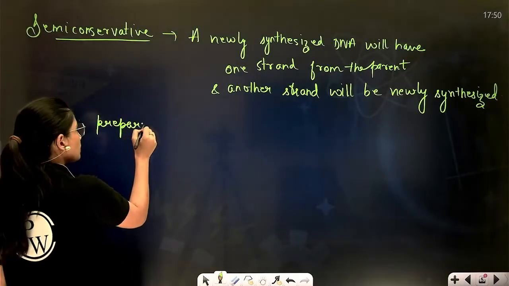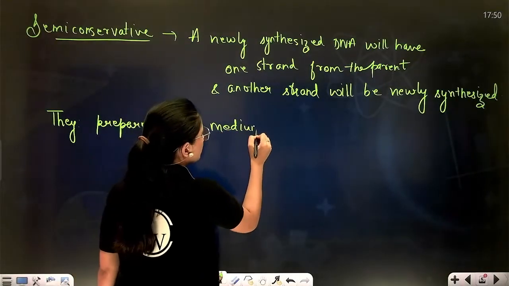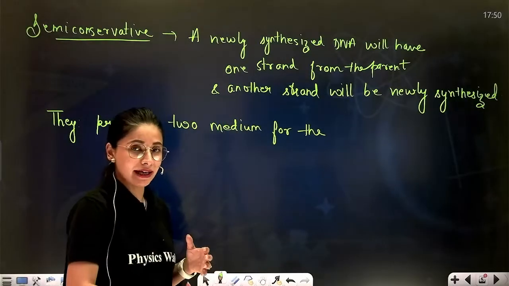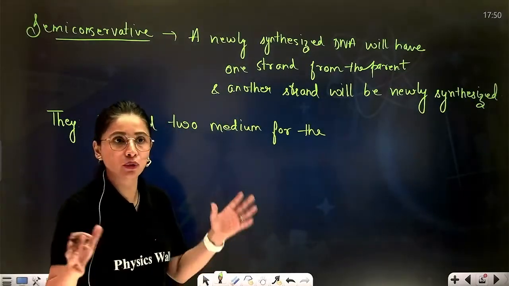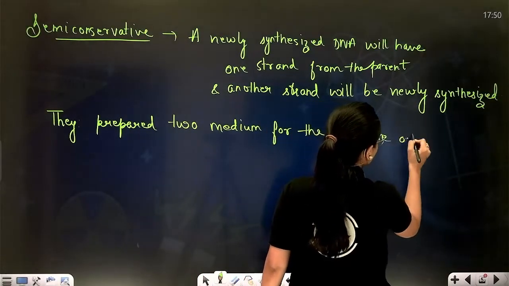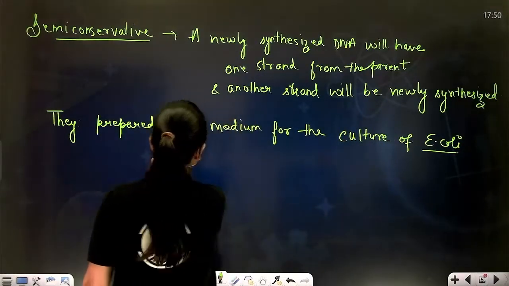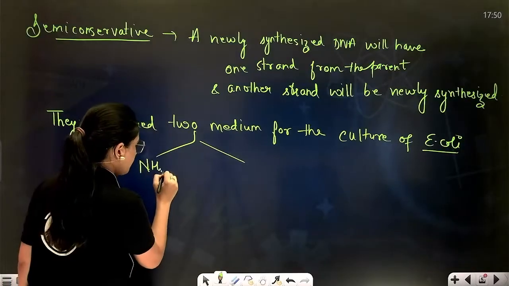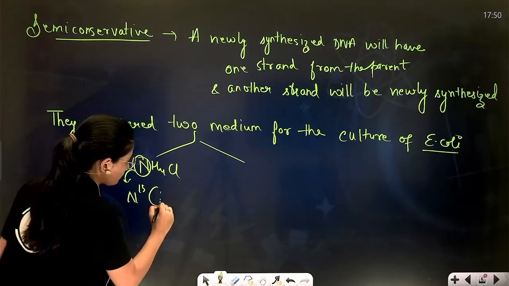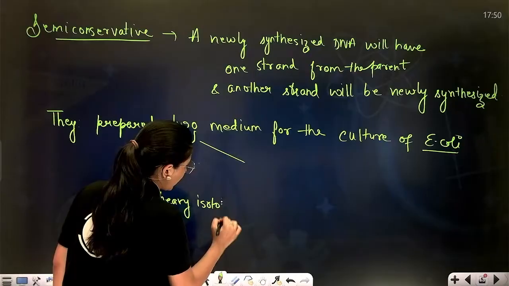So basically these two people, Meselson and Stahl, prepared two media for the culture of E. coli to study the method of replication in E. coli. Those two media are: one, ammonium chloride in which nitrogen was replaced by N15, the heavy non-radioactive isotope of nitrogen.